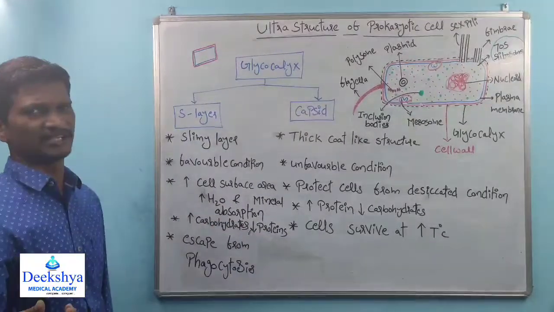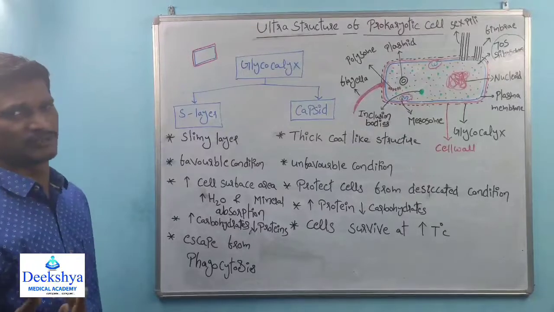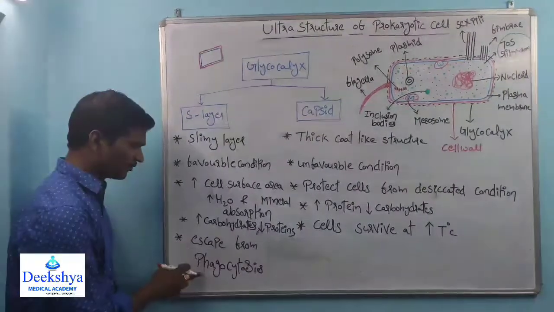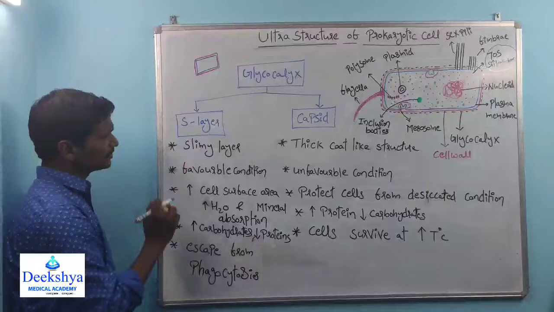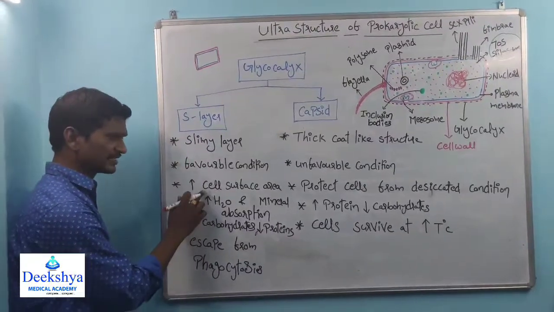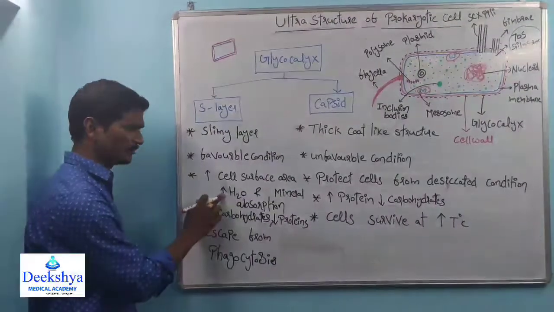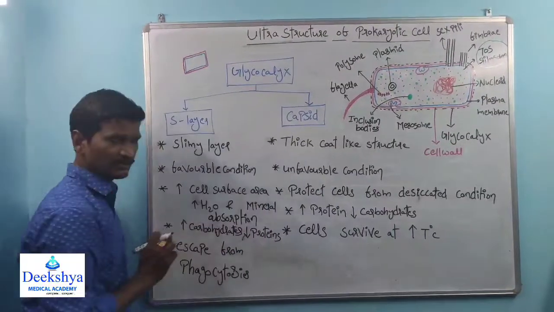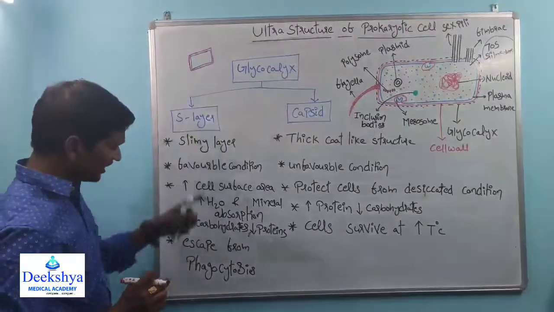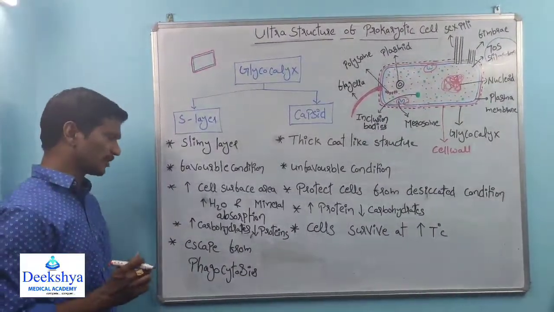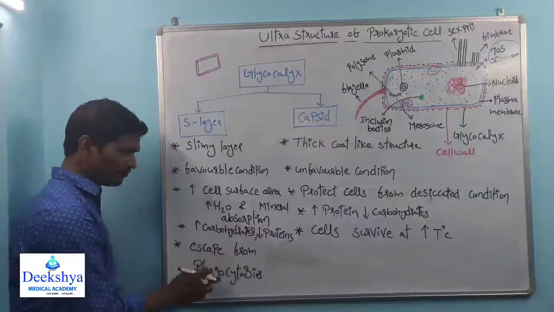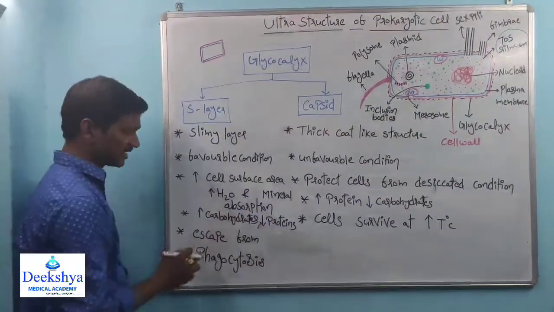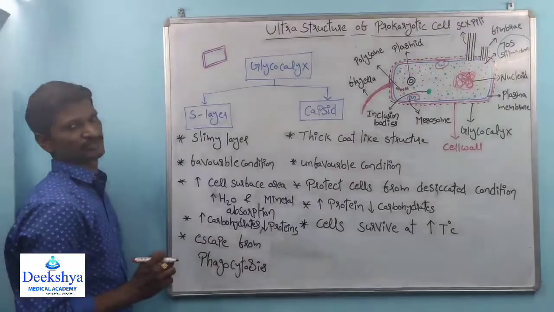Almost any slimy layer mostly has a rich percentage of carbohydrates. The major use of the S layer is increasing the surface area, supporting absorption of water and minerals. The S layer also supports escape from phagocytosis. The bacteria cells escape from phagocytosis.